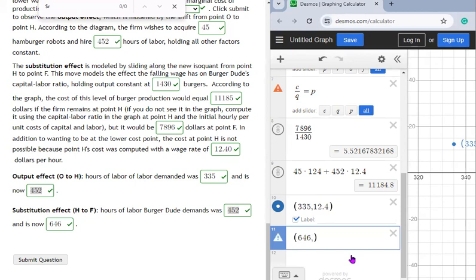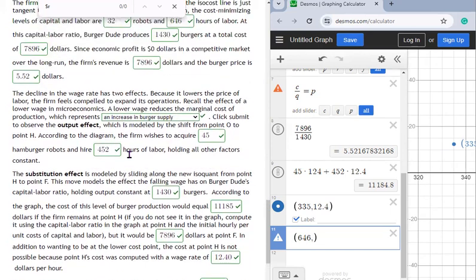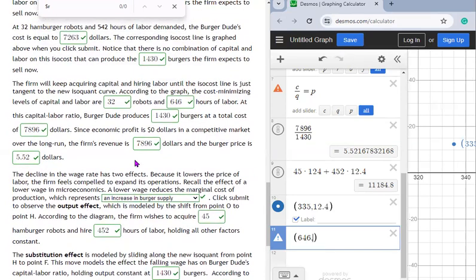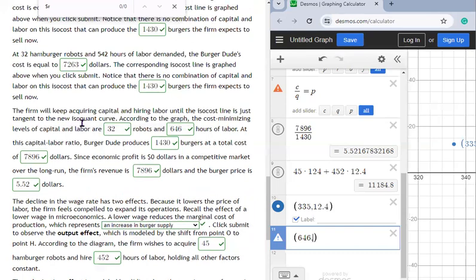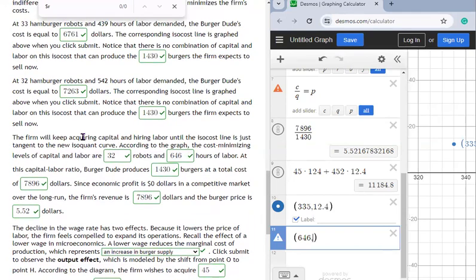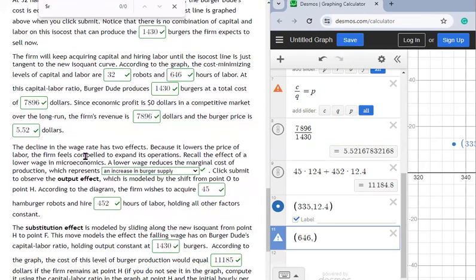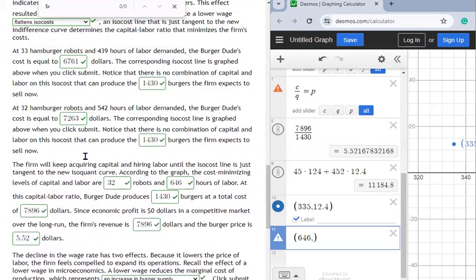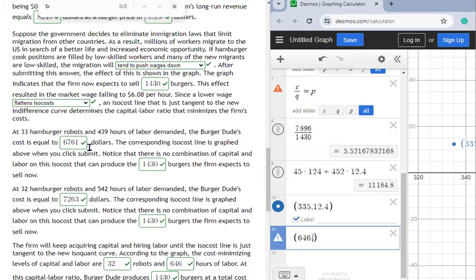The new wage, as a result of the immigration, where is it at? Okay. Here it is.